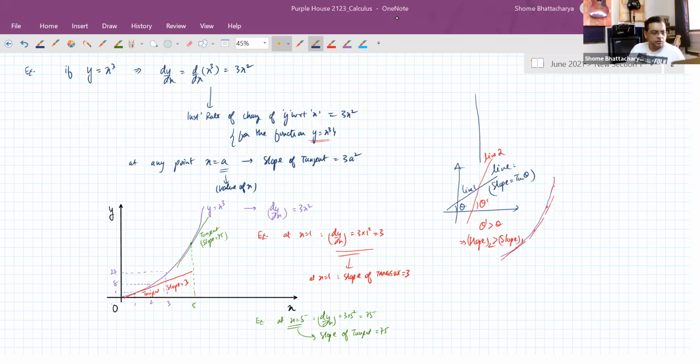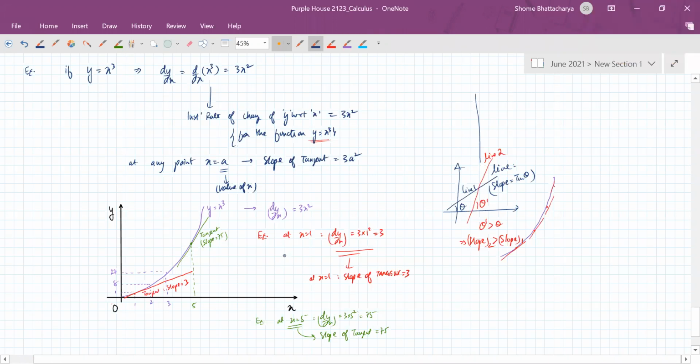Manas, to explain specifically, we don't calculate dy from the slope, beta. Dy by dx is not actually a fraction, so it's not like it is something divided by something. Dy by dx is an operation which gives us the slope of the tangent. You understanding? Sir, because we are not taking the y value in consideration, we are mostly taking x.